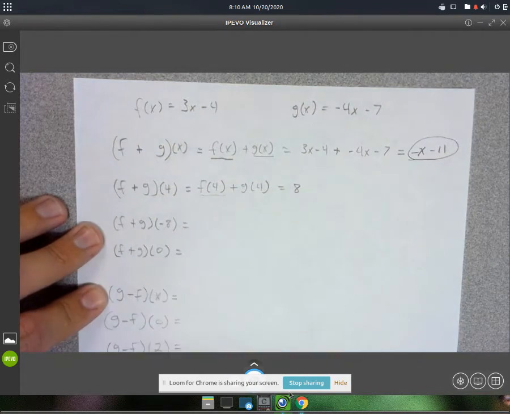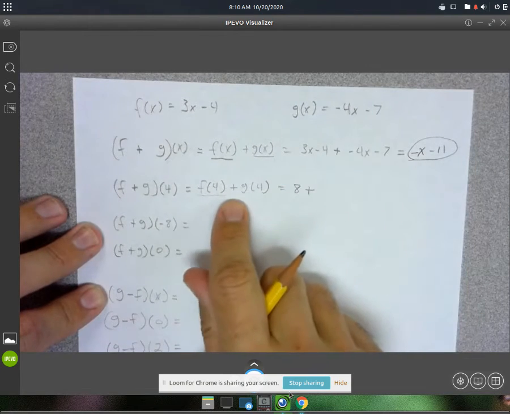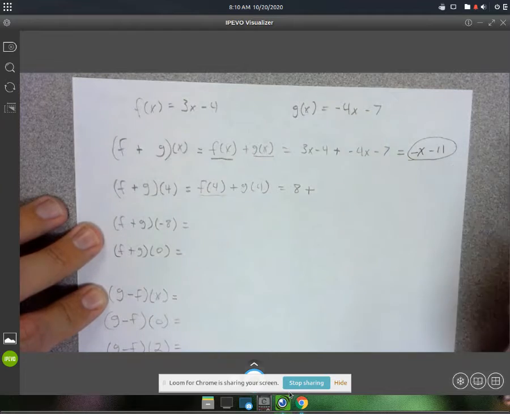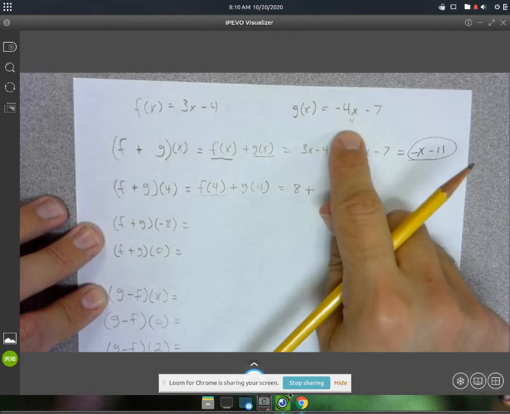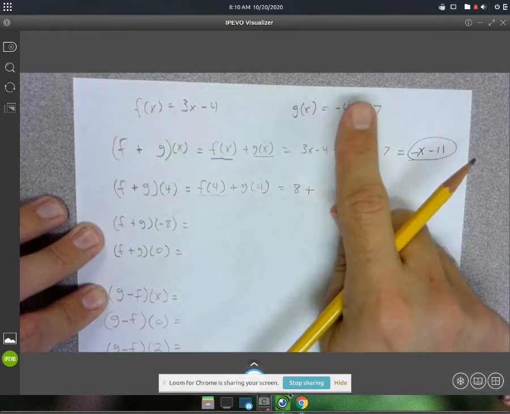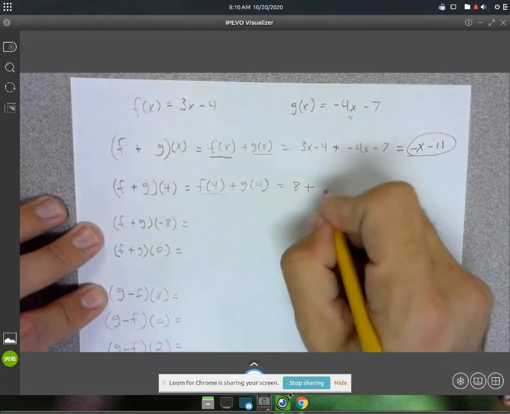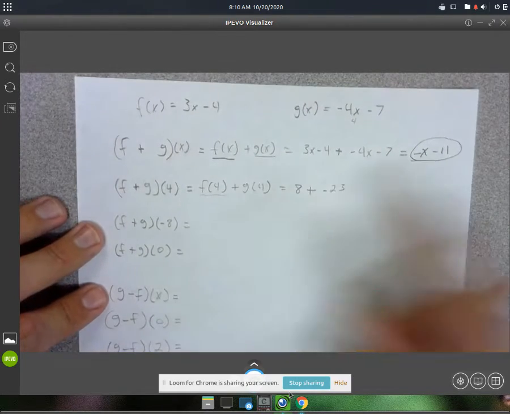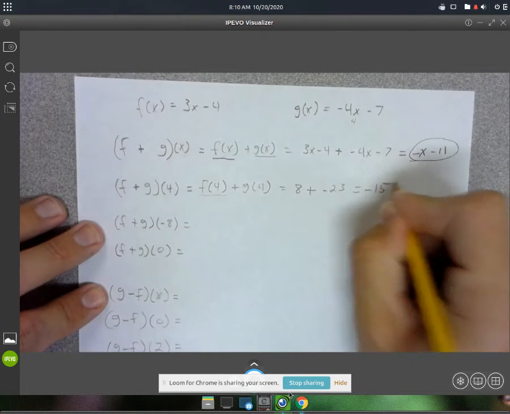Then plus, because you're adding them, g of 4. If you plug in 4 for x, you would have negative 4 times 4 is negative 16, and then negative 16 minus 7 would be negative 23, I believe. And then 8 plus negative 23 would be negative 15.